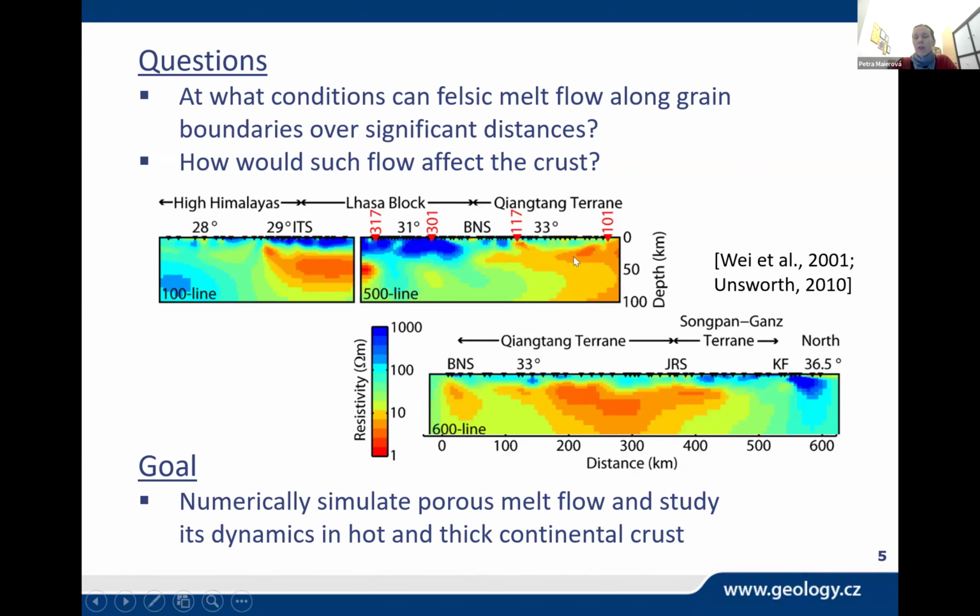And these orange regions were interpreted as containing some melt based on their low electric resistivity. So our goal was to simulate numerically melt flow and study its effects on the continental crust.